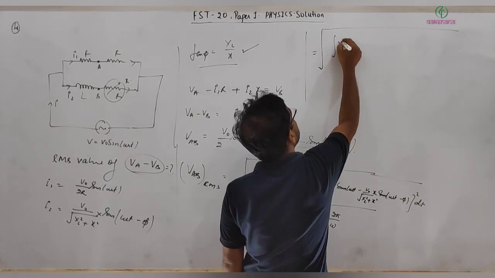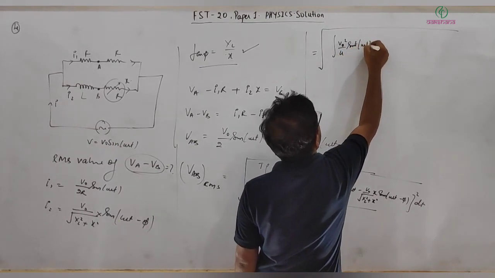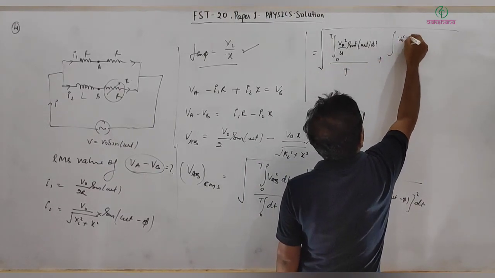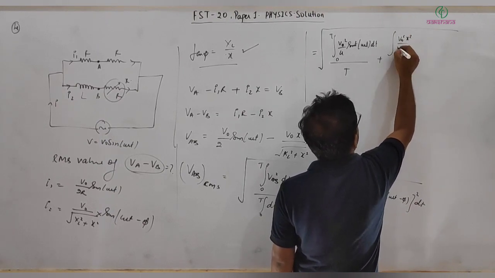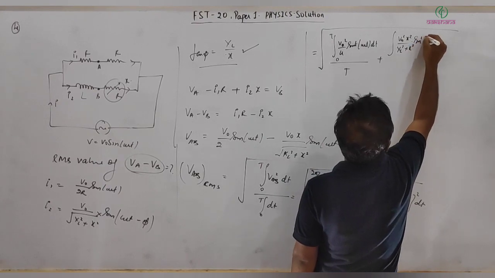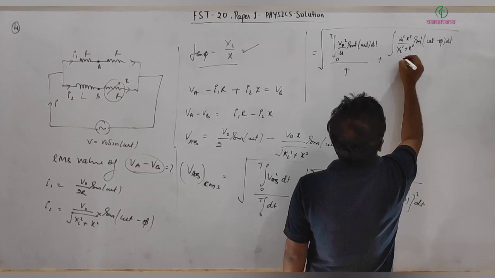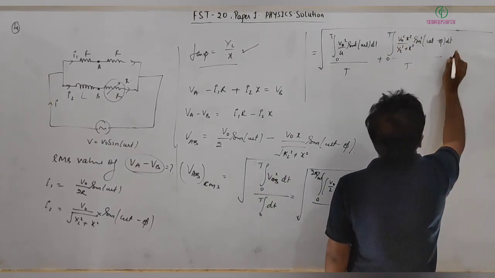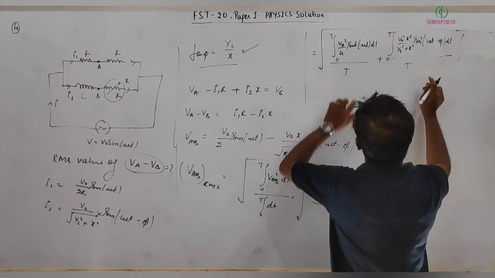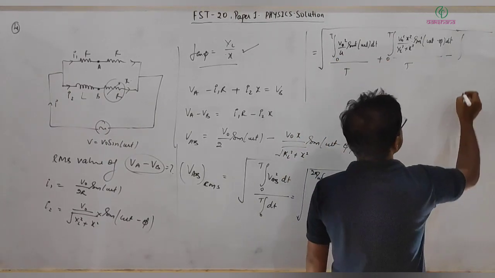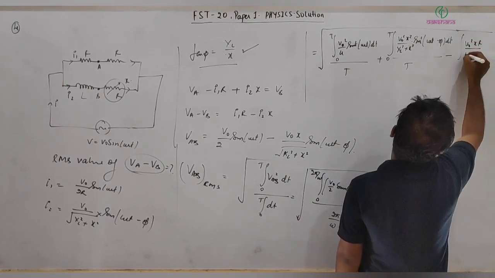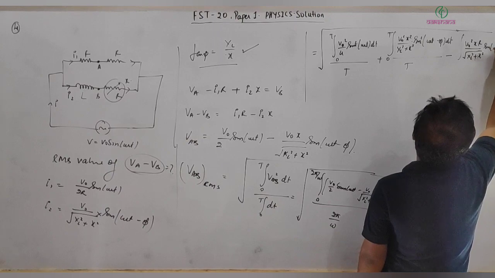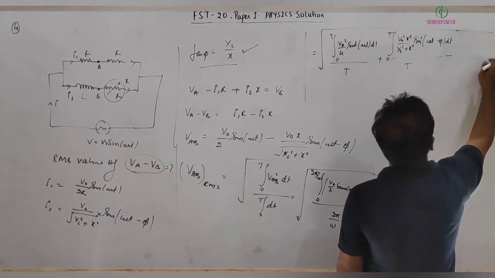So it's the integral of V naught square by 4 into sine square omega t into dt from 0 to T divided by T, plus the integral of V naught square X square divided by XL square plus X square into sine square omega t minus phi into dt divided by T from 0 to T, and then comes minus 2AB, so 2 gets cancelled, so this is V naught square into X into R divided by under root XL square plus X square into sine omega t, and this complete quantity will be under root.